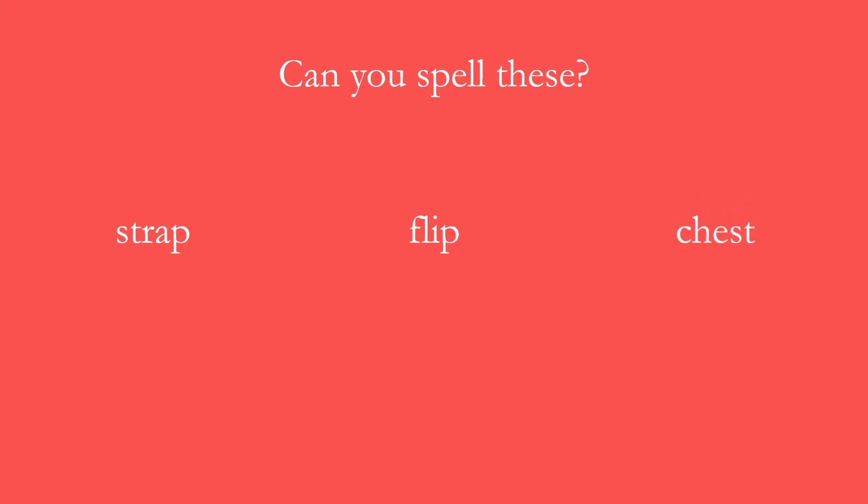The next word is blend. I love to blend fruit and ice cream. Blend. Here it is. The next one is crunch.